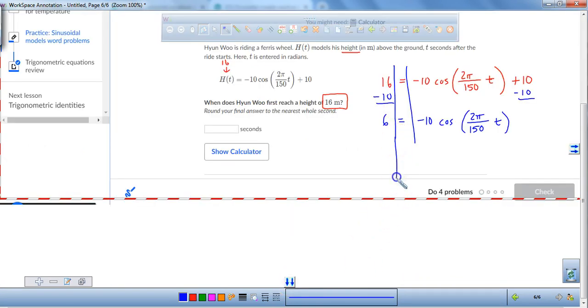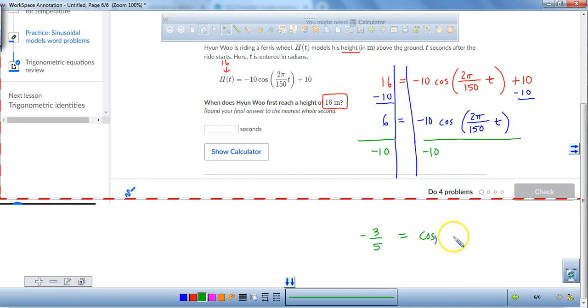Getting closer. Next we're going to divide both sides by negative 10. And 6 divided by negative 10 is negative 3/5. You could still keep it as negative 6 over 10 if you wanted to.